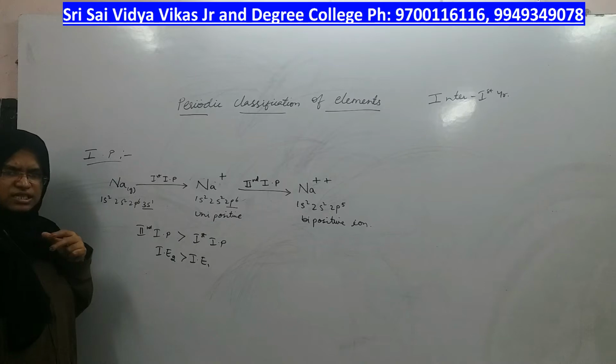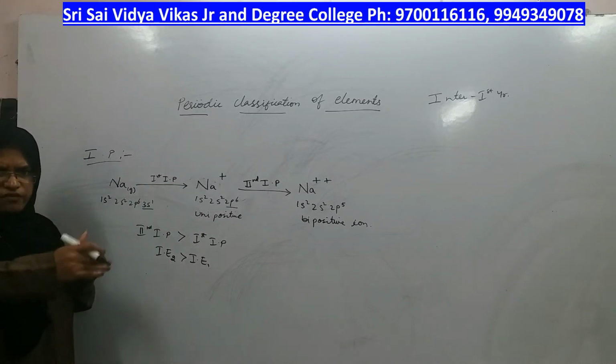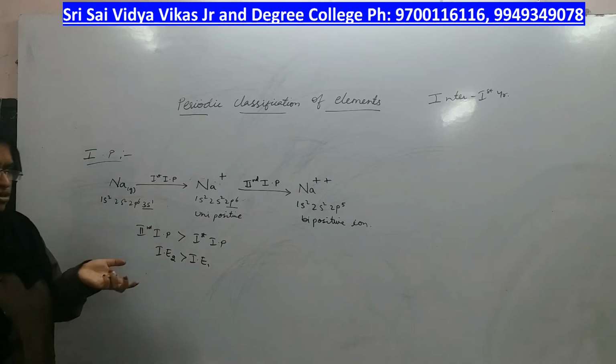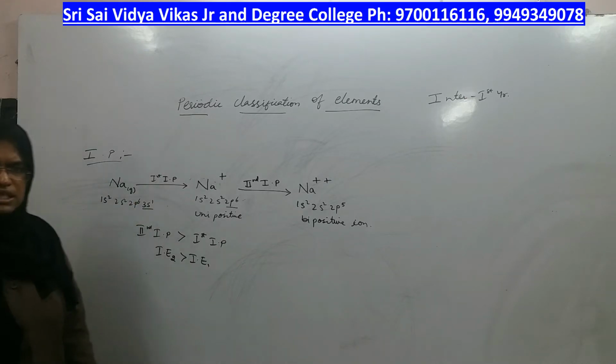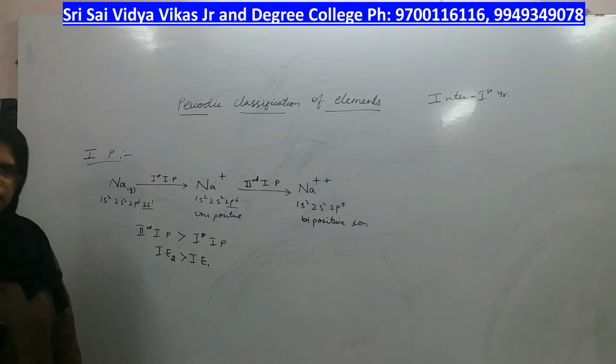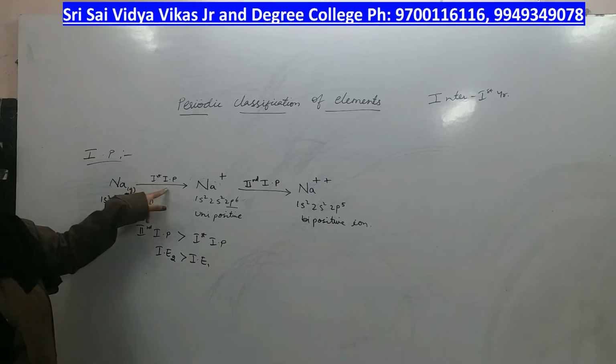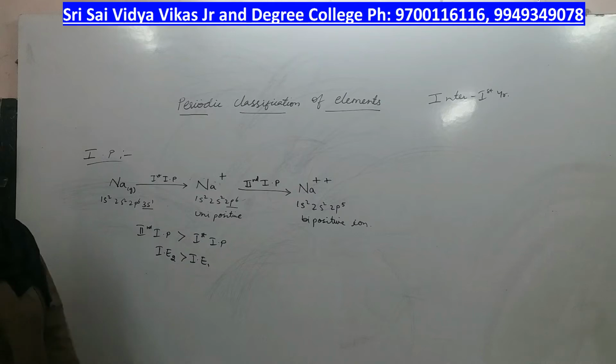Out of the 3 shells, the one which is last, or away from the nucleus, is the third shell, right? So the electron is away from the nucleus, which means it is easy to remove that electron because it is not under that much attraction of the nucleus. Therefore it can be removed very easily, and this ionization potential will be less.